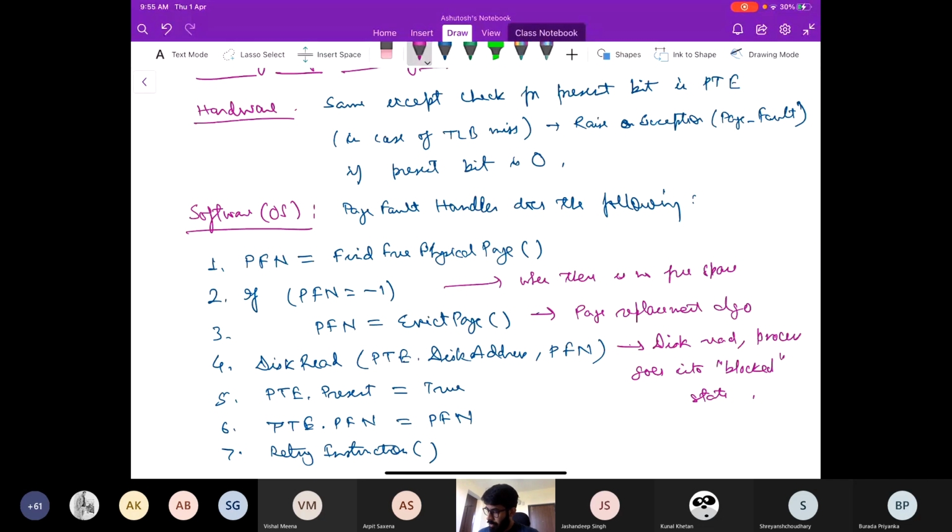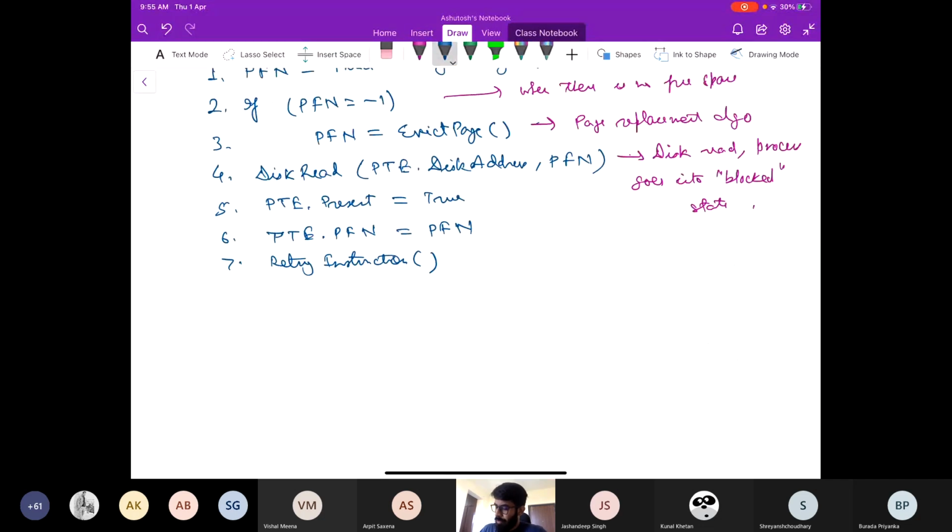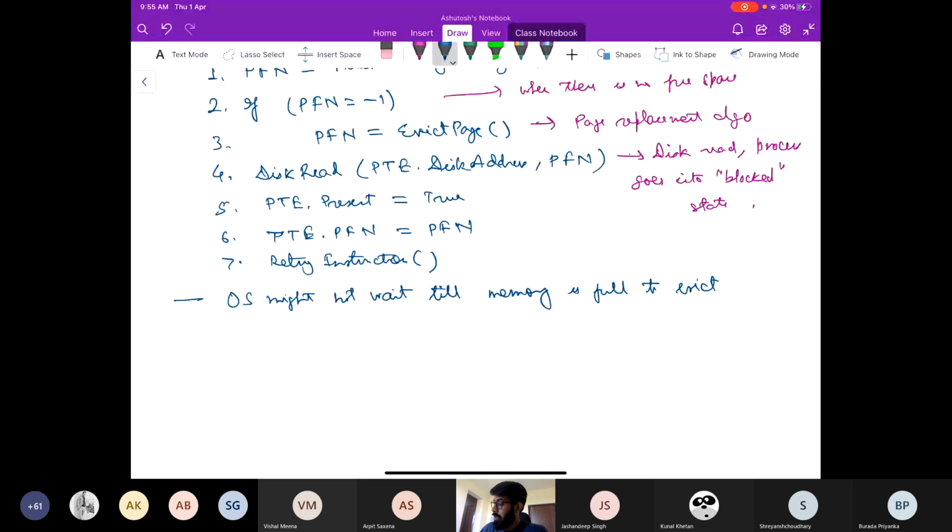And so this is the control flow, but there are a few caveats or improvements upon this. One is that the OS might not wait till memory is full to evict pages. For that, there are two variables the OS maintains, called low watermark and high watermark.